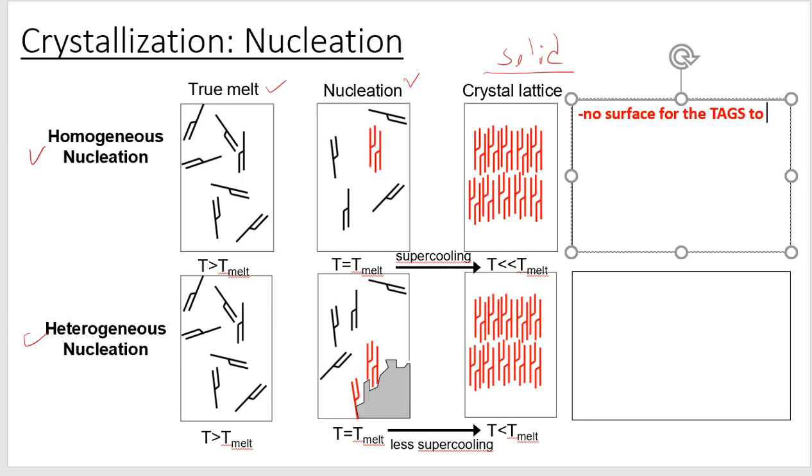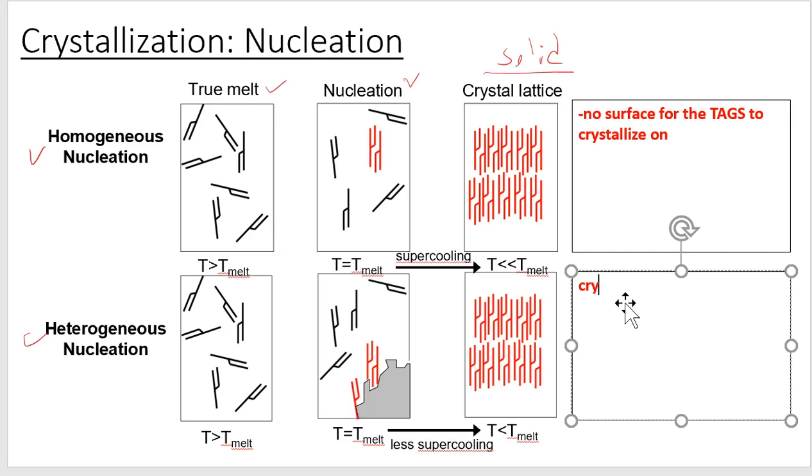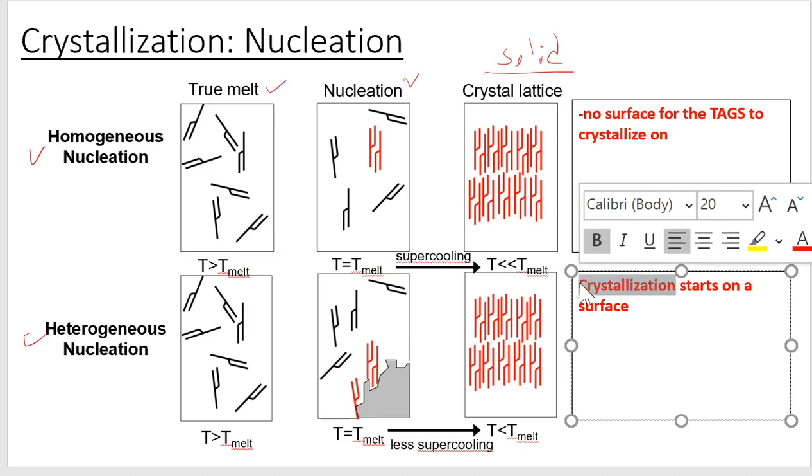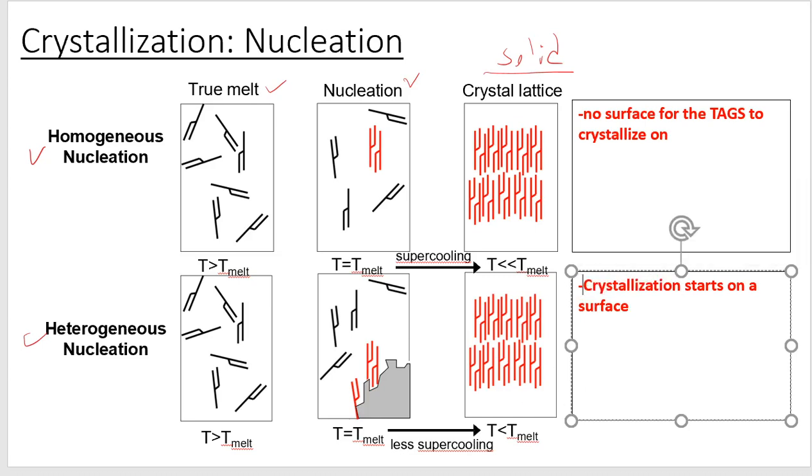However, for heterogeneous nucleation, the crystallization starts on a surface. So that's the main difference. See, that is the surface.